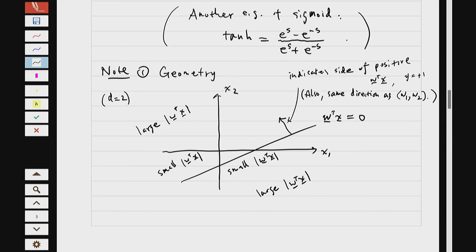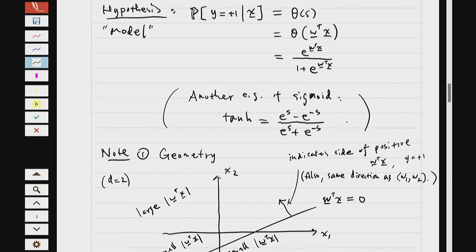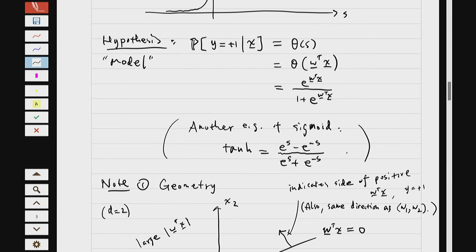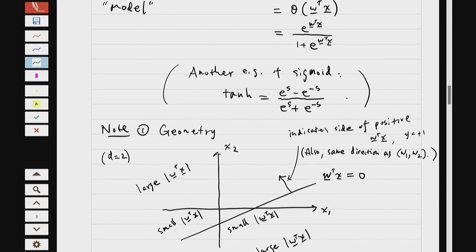Now, if W transpose X is large positive, then what is our theta value? What is our estimated probability, our guess, for our hypothesis for the probability? Nearly 1, right? Because when it's infinity, you remember your calculus, infinity divided by infinity is actually 1 over there. So here our theta is approximately 1, because this is large positive.